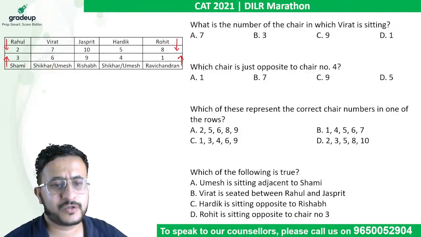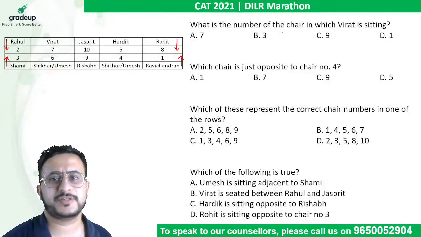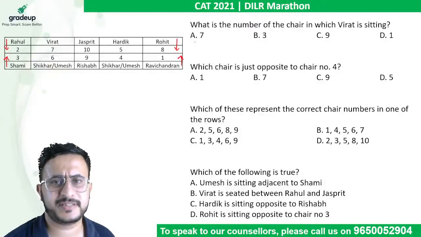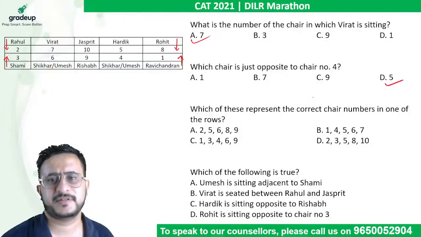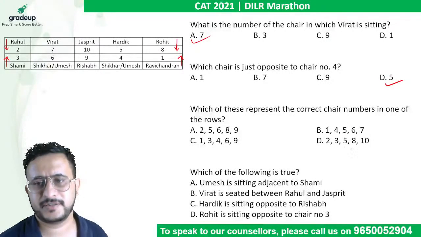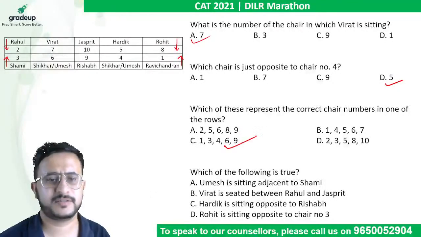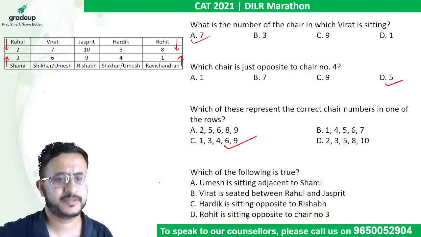Yeah. Okay. So Virat is sitting on chair number 7. Okay. Opposite to chair number 4 is 5. In one of the rows, 2, 7, 10, 5, 8. No, 3, 6, 9, 4, 1. Ye wala. That will be the correct, right?